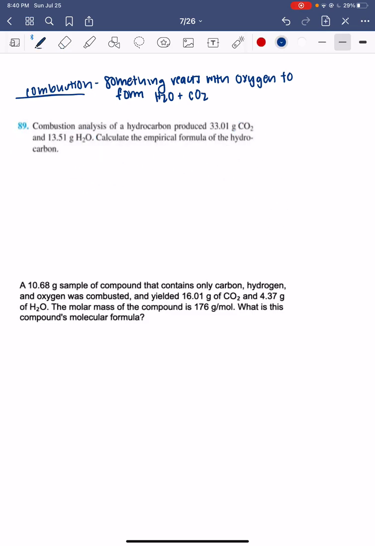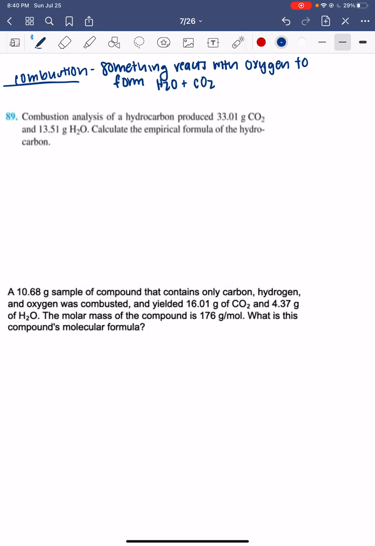Let's start with this one right here that says a combustion analysis of a hydrocarbon produces 33 grams of CO2, 13.51 grams of water. Calculate the empirical formula. So I'm going to just write this out here.